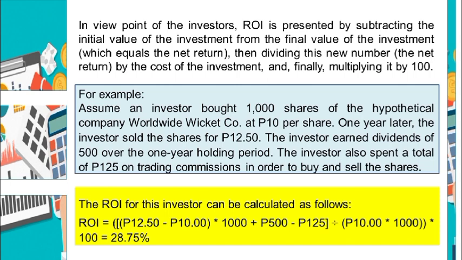And then the 500 amount refers to the dividends received by holding the stock, while 125 is the total commissions paid. If you further dissect the ROI into its component parts, it is revealed that 23.75% came from the capital gains and 5% came from the dividends. So the total ROI for this particular problem is 28.75%.